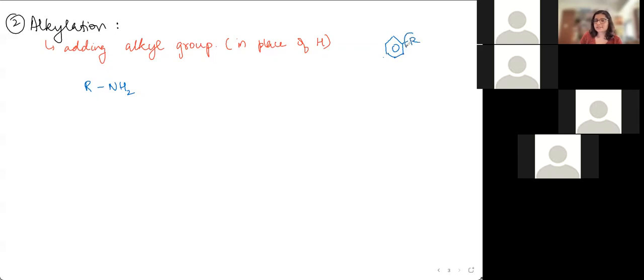Where is this alkyl group coming from? What reagent did you use? Anhydrous AlCl3. Along with that, where is R coming from? Alkyl halide. AlCl3 will be the catalyst.